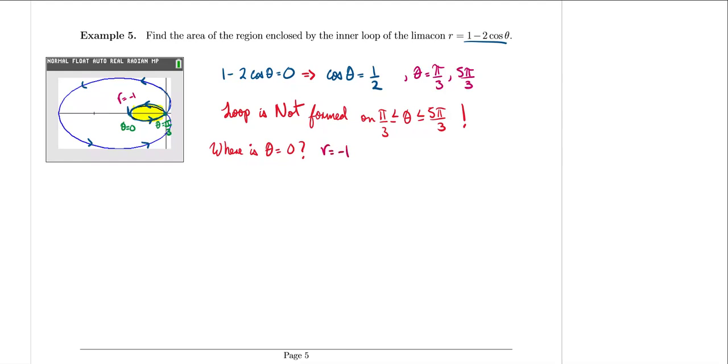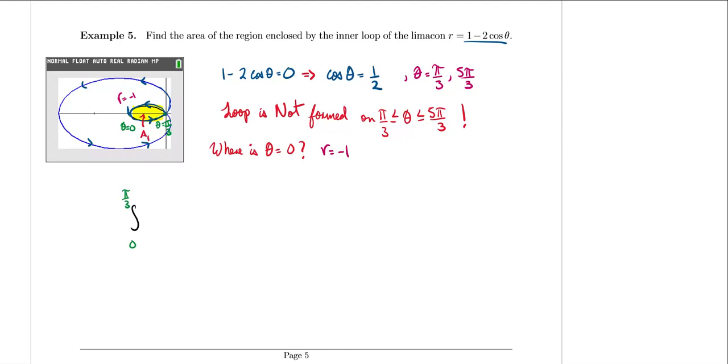Okay. Now, what can we do here? Well, there are two different approaches. Now, we can either say that if we wanted to figure out the area for the inner loop, we just said right now that if we set up the integral from 0 to pi over 3, we'd be tracing the bottom half. And I'll call this bottom half here A1.